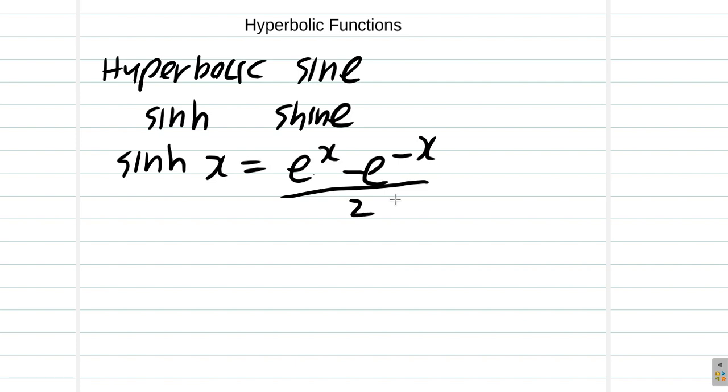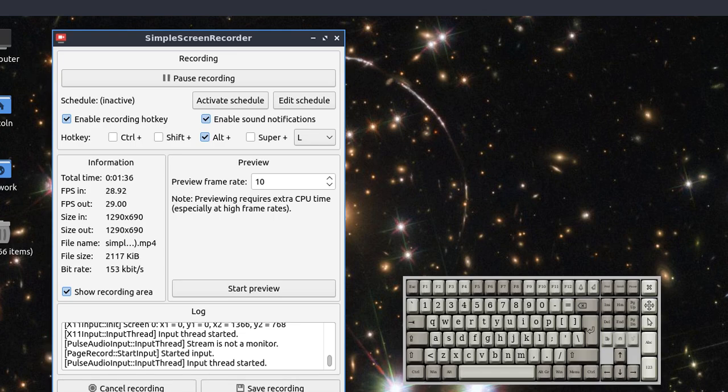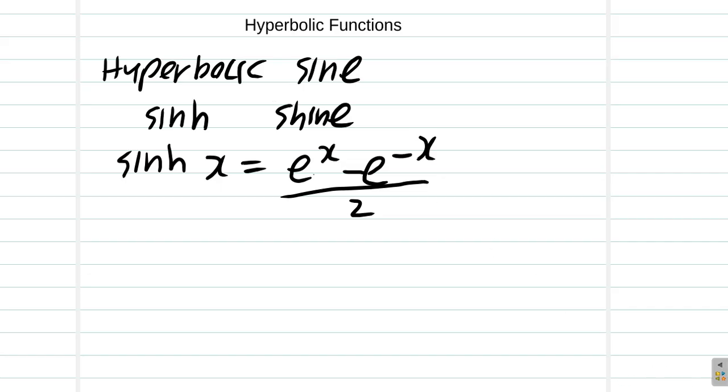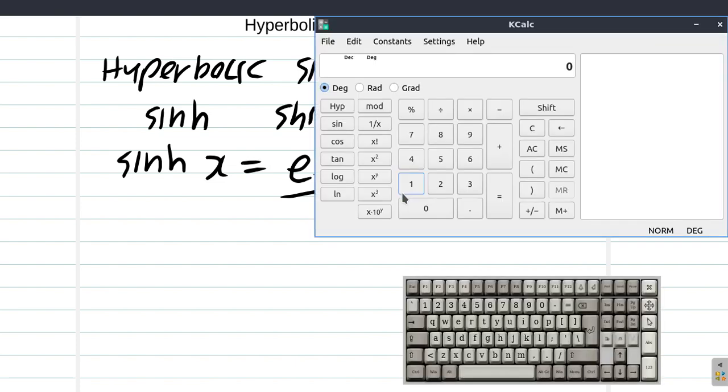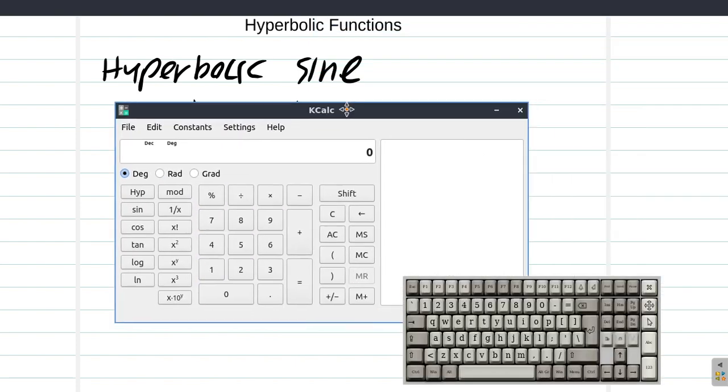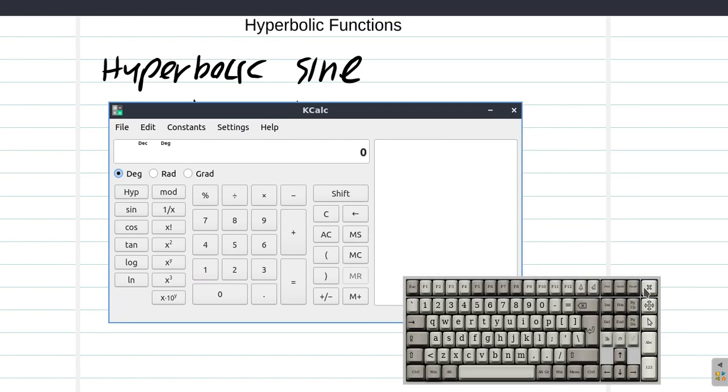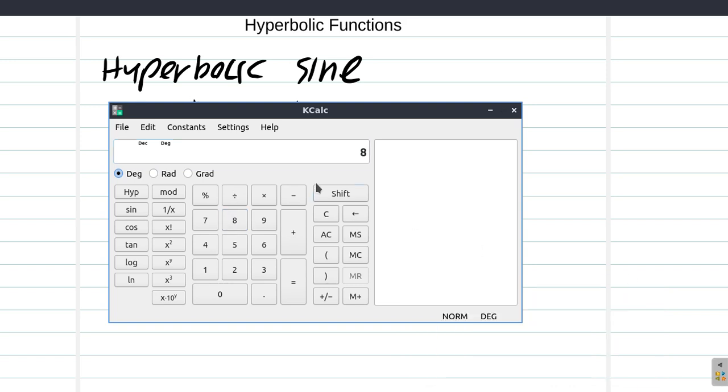Now, let's test this out a bit. Let's use our calculator here. Know that this calculator can be put in radian mode.